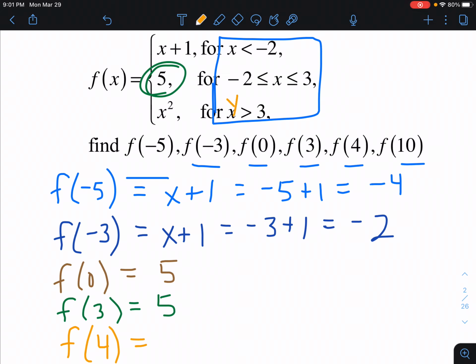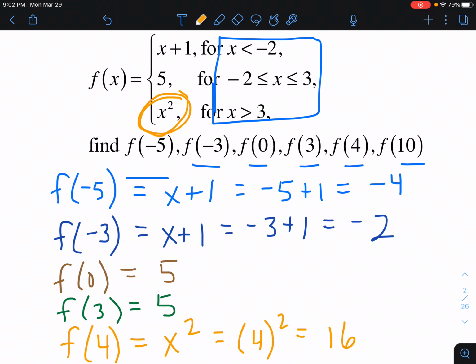Yes, I will. 4 is greater than 3. So I will be using this formula. So x squared equals 4 squared is 16. So f of 4 is 16.